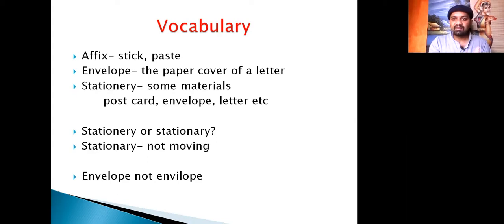Envelope, correct, not envilope. So how to remember? Elope. Remember elope. Elope means run away. If you put the envelope in the box, the envelope will run away. Of course, the meaning is different, but this is a trick to remember spellings.